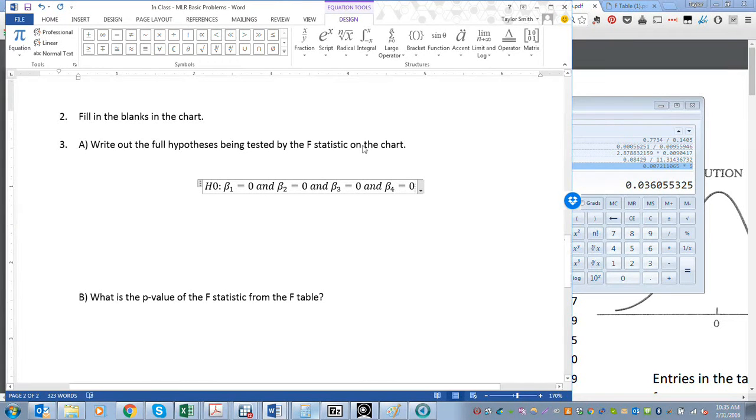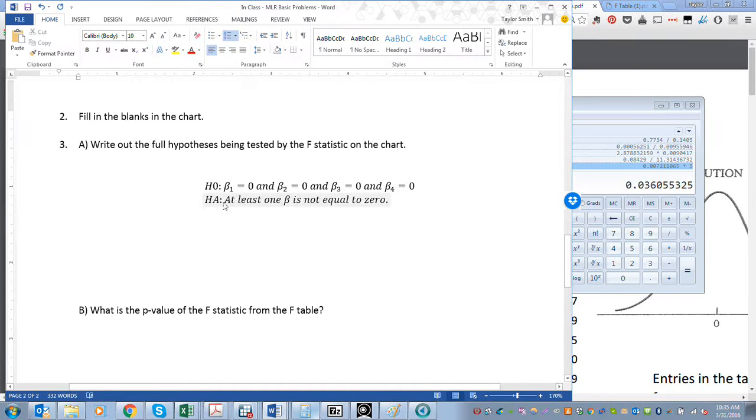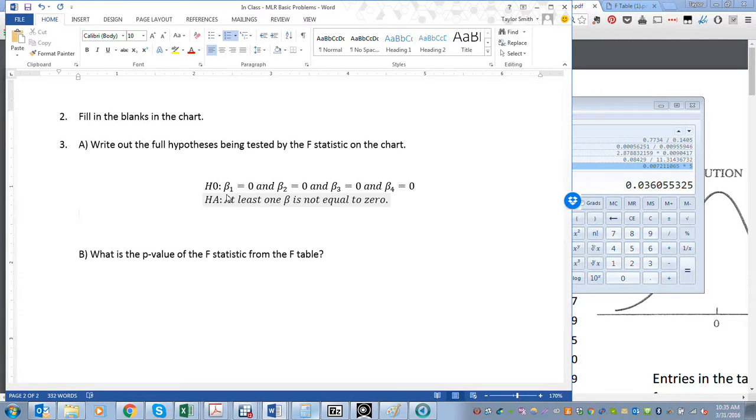That is our null hypothesis. Our alternative hypothesis, HA, there are a couple ways to write this, but I'm just going to say at least one beta is not equal to 0. So at least one of those four beta coefficients is not equal to 0 in the population.